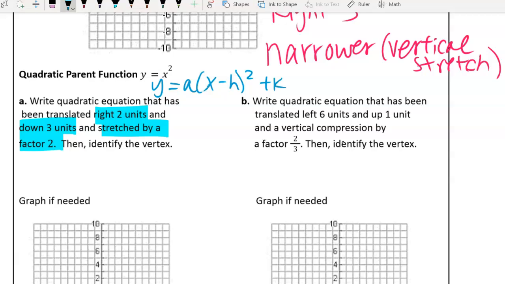So if we're going right 2 units, what letter is that? A, H, or K? Not K, H. And which one is going down? Okay. And then which letter is going to be stretched? A. All right, so we already know which variables are which. We can go ahead and fill in our equation.